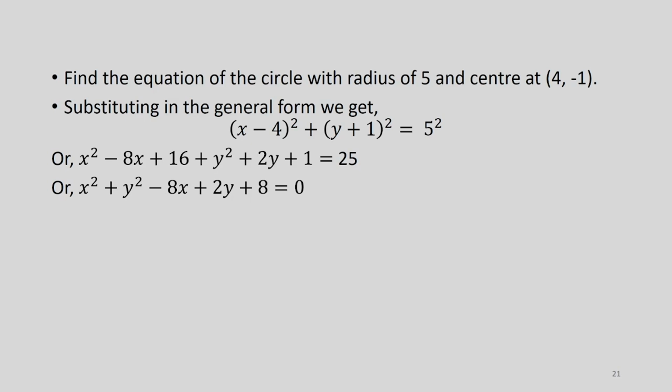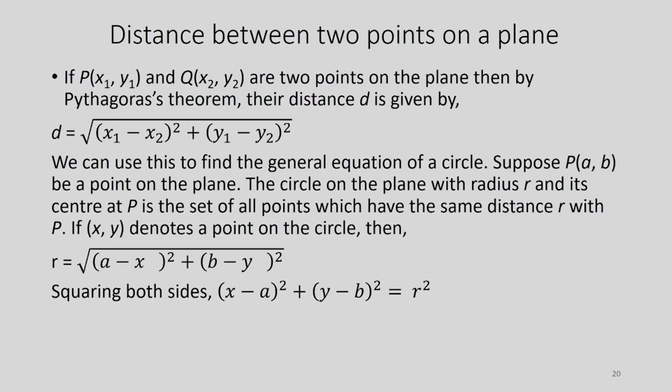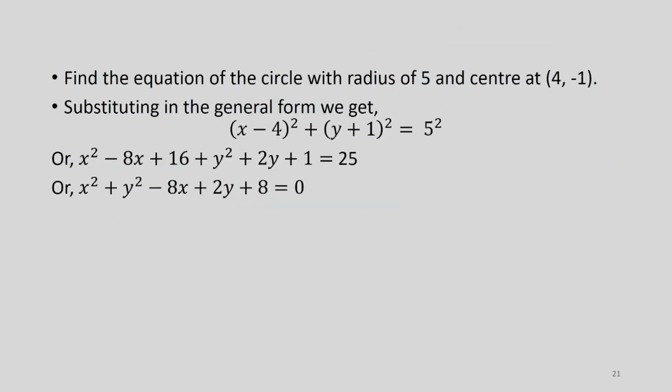What do we do? We just substitute these values here, x minus a is x minus 4, and y minus b is y plus 1. So, you have x minus 4 whole square plus y plus 1 whole square is equal to r square, r is equal to 5. Okay. So, on the right hand side you have 5 square, and so simplify this and you get x square plus y square minus 8x plus 2y plus 8 is equal to 0.